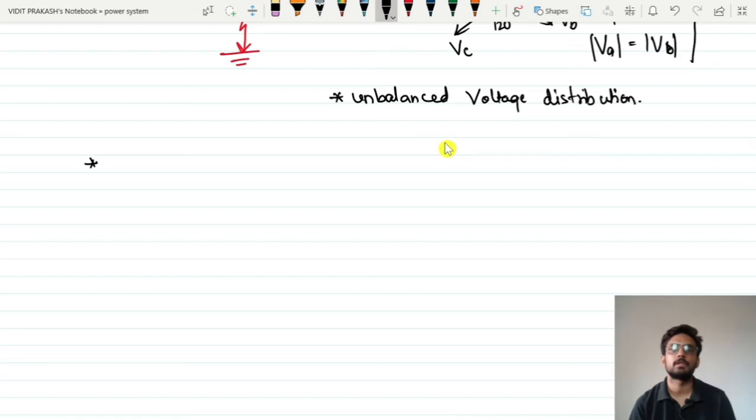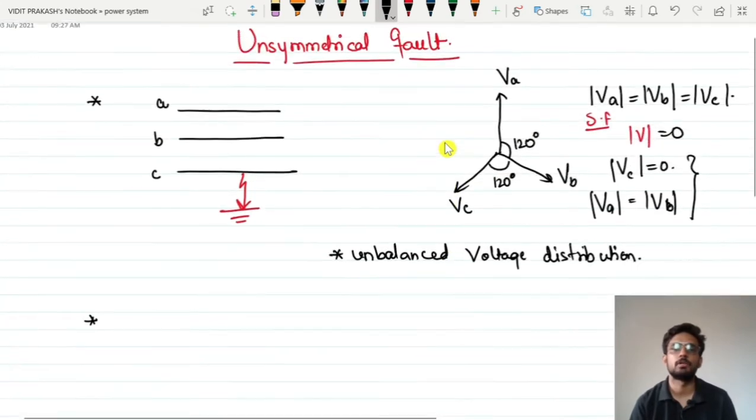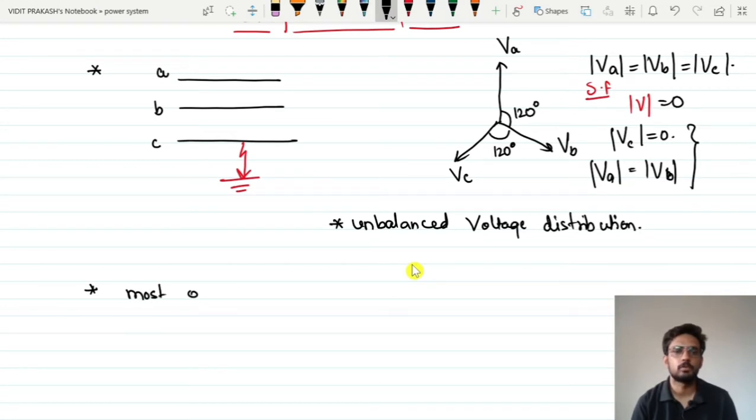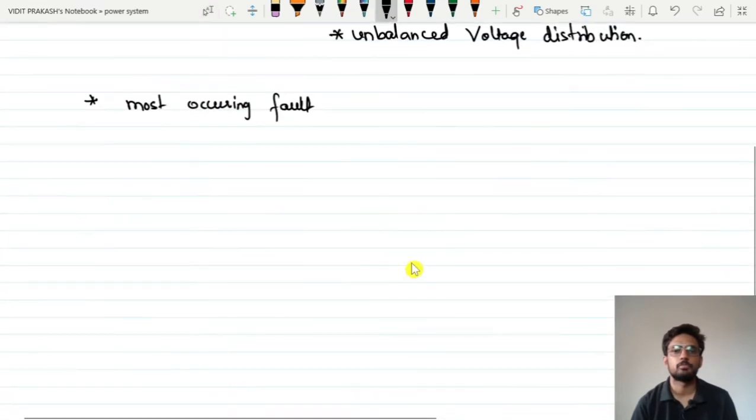Because of this unbalanced distribution, your phase distribution will be no more symmetrical. Now, what is unsymmetrical fault? It is the most occurring fault.